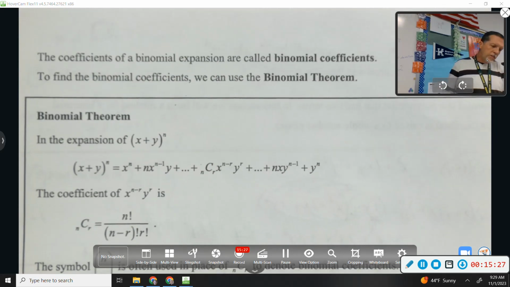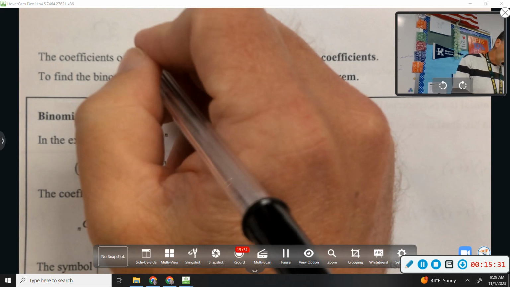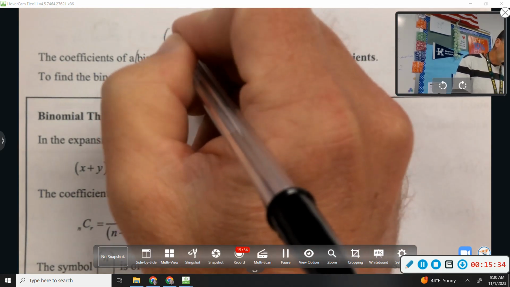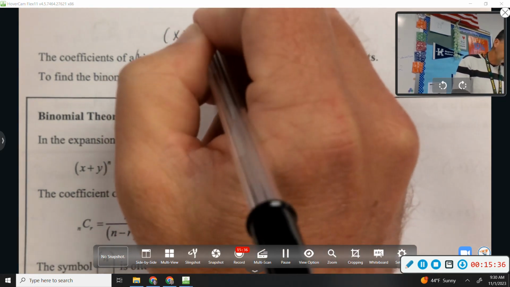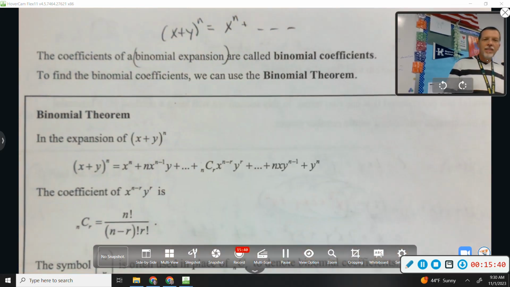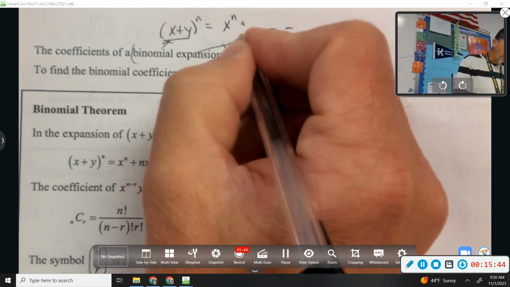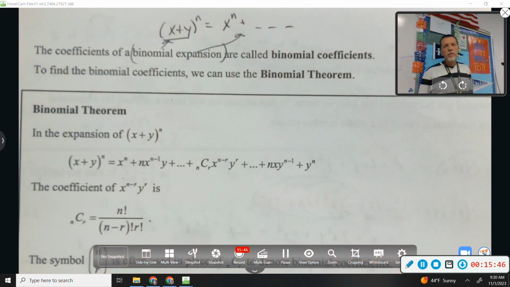All right, the coefficients of a binomial expansion. A binomial expansion is when you have x plus y to the n and you expand it out, right? That's a binomial, that's an expansion. So the coefficients are called the binomial coefficients, that makes sense.